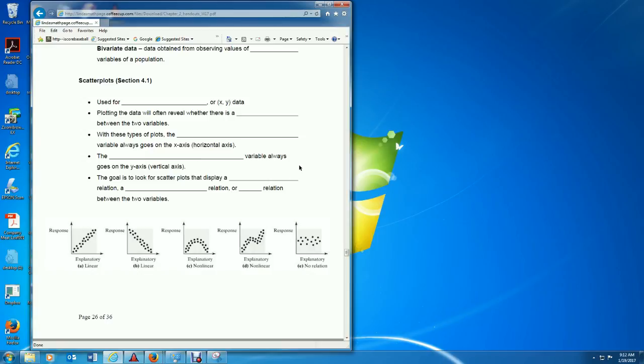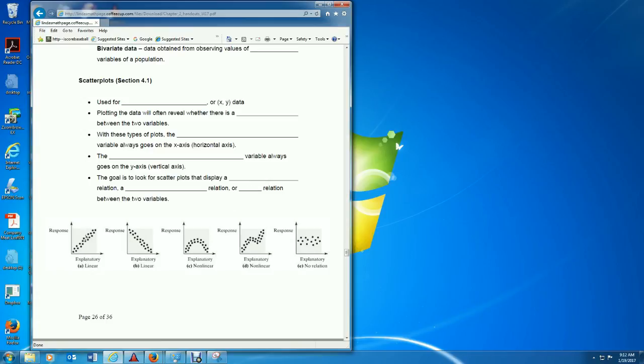Our goal here is to look for scatter plots that either display a linear relationship, a nonlinear relationship, or perhaps no relationship at all between the 2 variables.